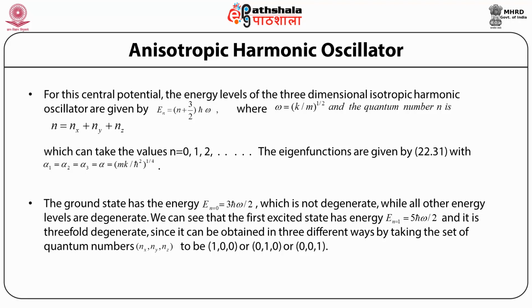We can see that the first excited state has the energy E for n equals 1 is 5 h bar omega by 2, and it is threefold degenerate, since it can be obtained in 3 different ways by taking the set of quantum numbers nx, ny, nz to be either 100 or 010 or 001.